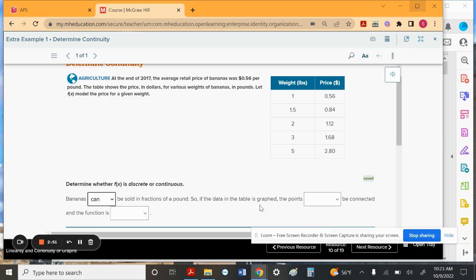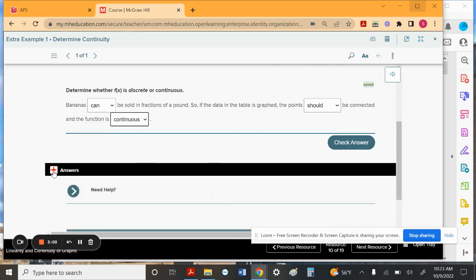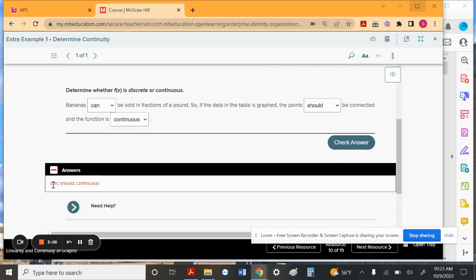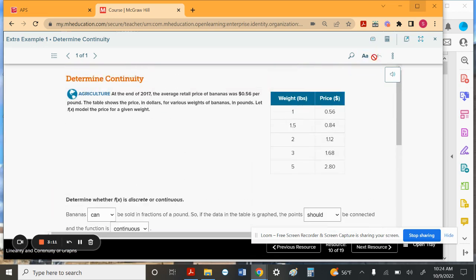So if the data in the table is graphed, the points should be connected, and as long as the points are all connected, the function should be continuous. So we go through and look at those. We check our answers. It can, it should, and it is continuous. So we have those particular ones that we look at.